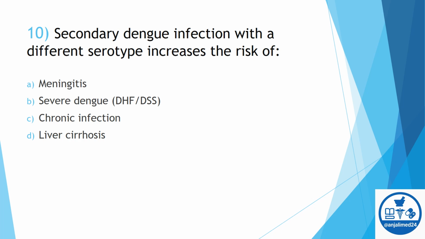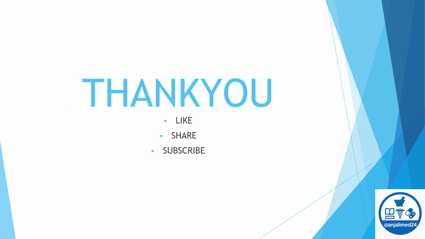This makes the body's immune system overreact, causing more inflammation, more capillary leakage, and greater damage to blood vessels. As a result, the risk of developing dengue hemorrhagic fever, DHF, or dengue shock syndrome, DSS, becomes much higher during a secondary infection.